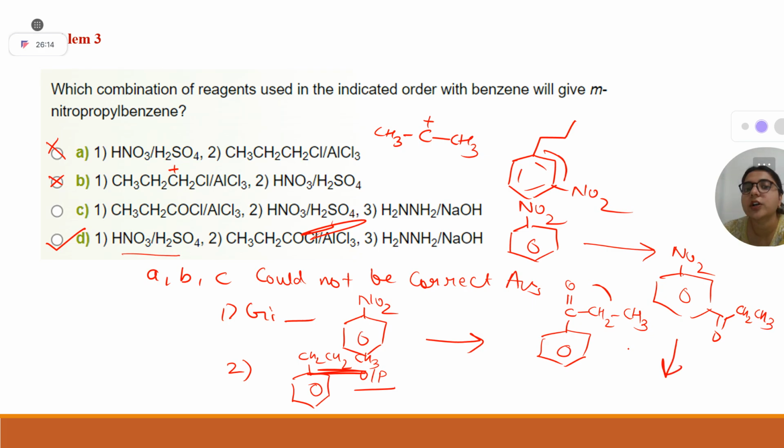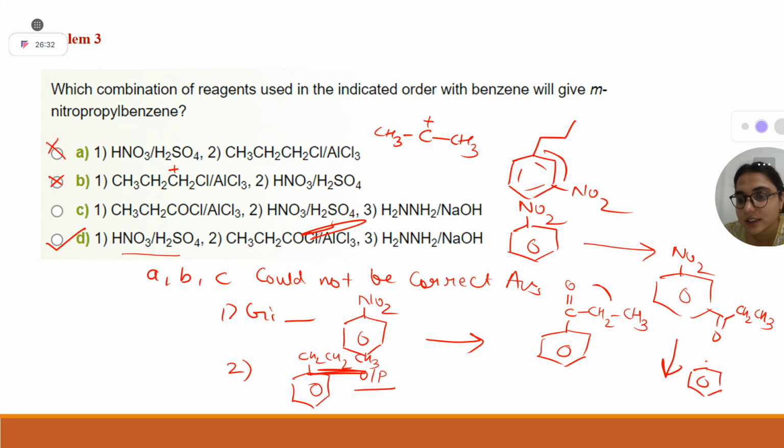Can anyone tell me what is the role of hydrazine hydrate? Reducing agent. What does it do and what is the name reaction? Wolff-Kishner reduction. Very good.